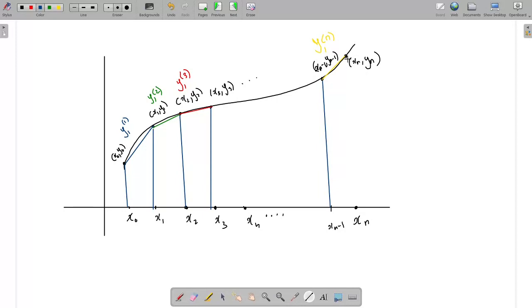That's what we will be doing. So for the trapezoidal rule, we have to integrate over this line from x0 to x1, and then from x1 to x2, then from x2 to x3, and so on, and add up all the integrals. That's what we're looking to do.